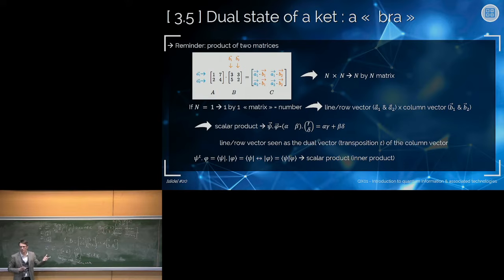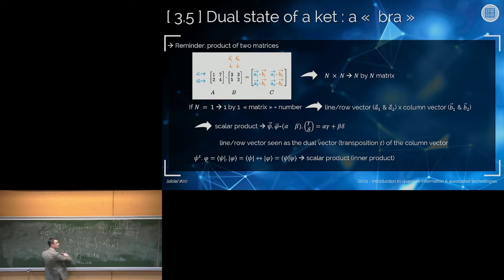So that's why, as opposed to here, we can put a particular sign. In this case, I put the transpose sign, right? Because the way to go from here to there is to use the transpose operation, which is exactly the same as the transpose operation in a matrix, which consists in sort of flipping over the coefficients of the matrix along the diagonal. And here it's the same thing.